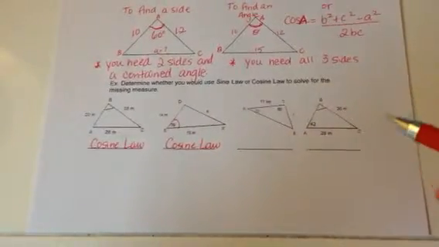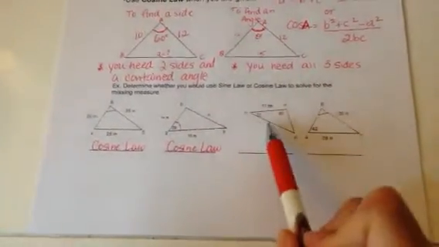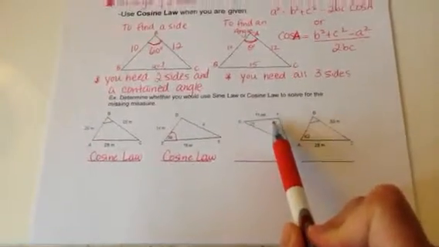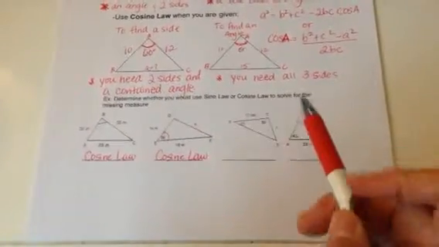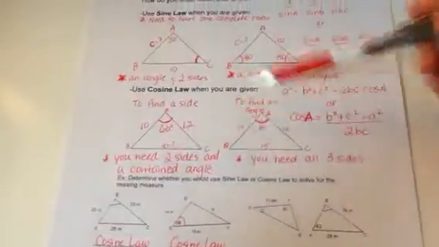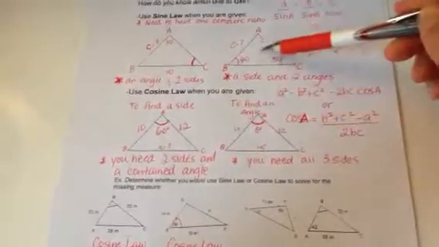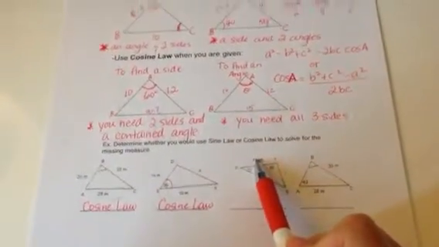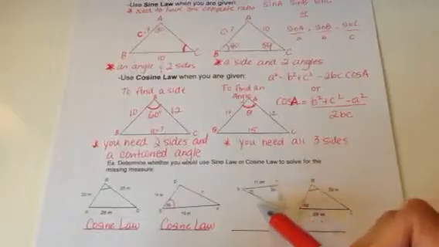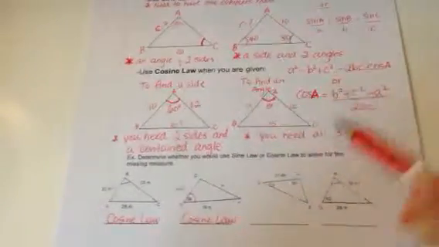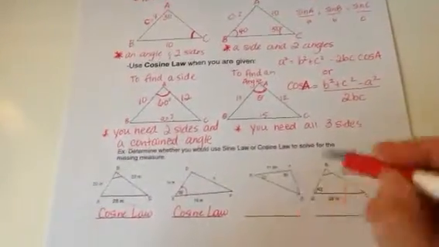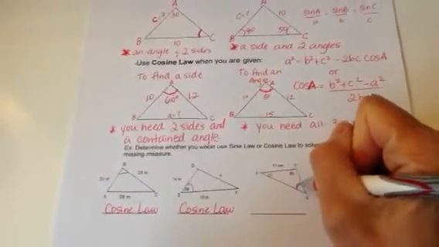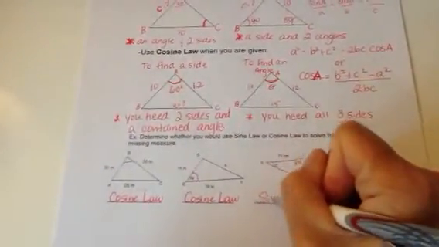So here we have two angles and a side. Now you can see here that none of these is for the cosine law, but that does correspond with the sine law, two angles and a side. So we do have two angles and a side. However, we do not have one complete ratio. So to do that, you're going to have to find angle S. Okay, so that is the sine law.